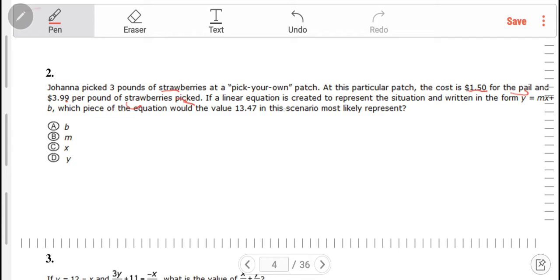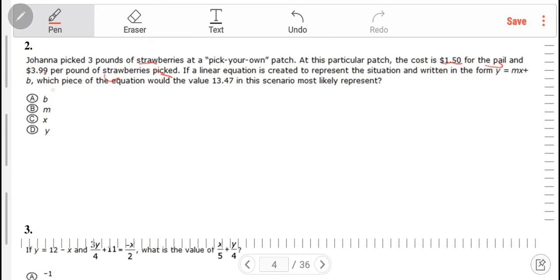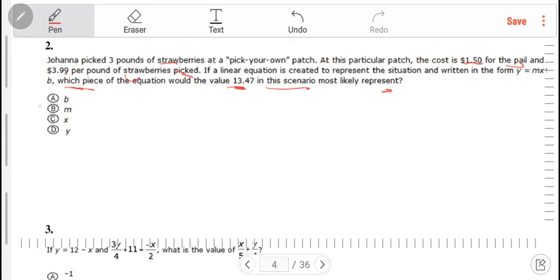If a linear equation is created to represent the situation and written in the form y equals mx plus b, which piece of the equation would the value 13.47 in this scenario most likely represent? B, m, x or y.